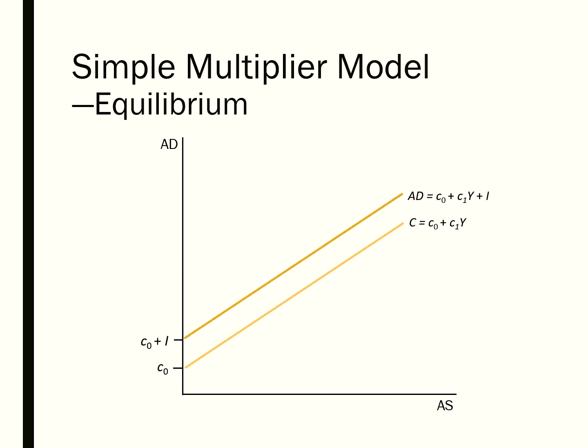The aggregate demand curve, the AD curve, is simply C plus I. If we treat I as a constant, it simply shifts the C equation up by I units. In the short-run equilibrium, aggregate demand equals aggregate supply, or AD equals AS.